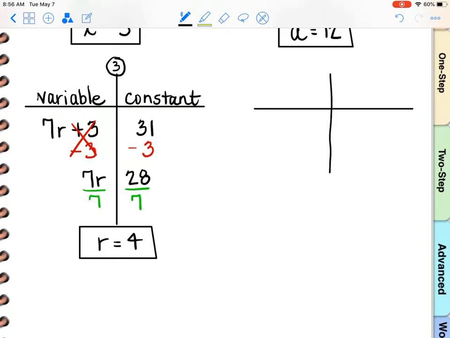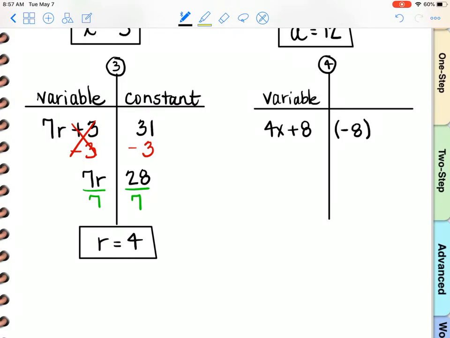Okay, number 4. 4x plus 8 equals negative 8 in parentheses. So we have a variable and we have a constant. The purpose of the parentheses is to hold the negative sign on the 8.